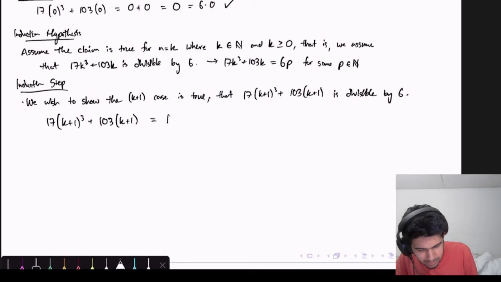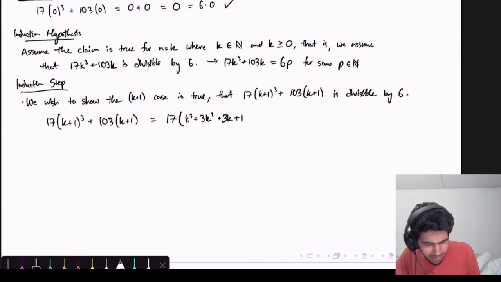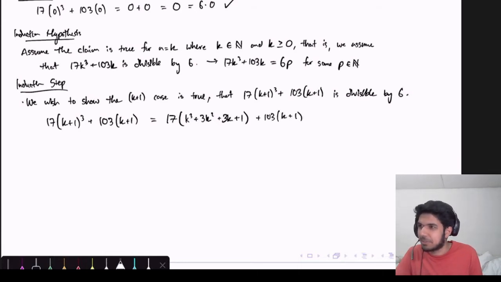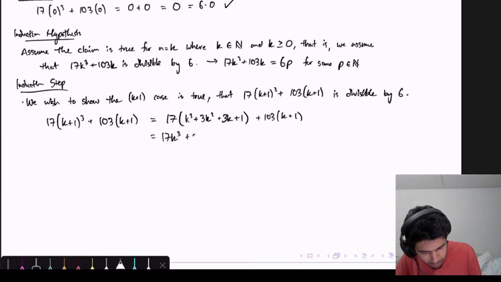Well, that's equal to 17, and we can multiply that (k plus 1) cubed out. I won't do all of the foiling or whatever it's called. Maybe you're familiar with binomial theorem or Pascal's triangle for that. I could do a video on that. That might be fun. And then we can simplify this, or we can just expand it out a little bit more.